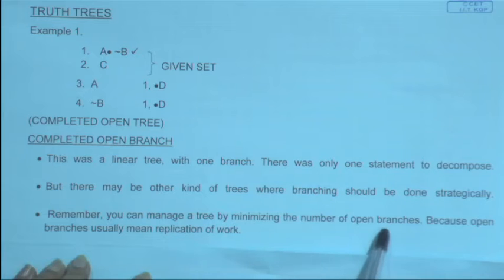Why? Because the number of open branches, if it is large, then remember we have a rule that every open branch that runs through a compound gets the result of the decomposition replicated. So, which means in every branch that is open under a certain compound, you have to repeat the decomposition results, right.